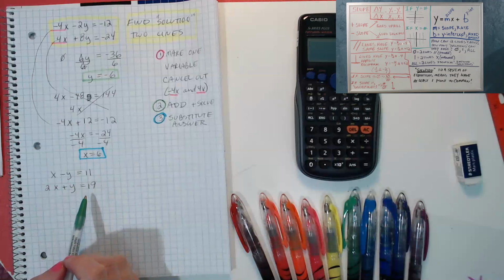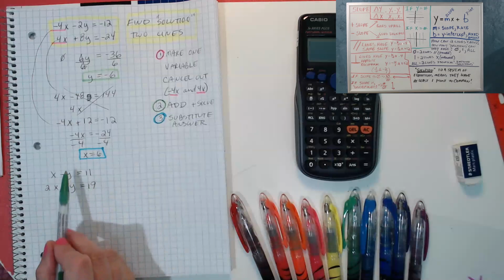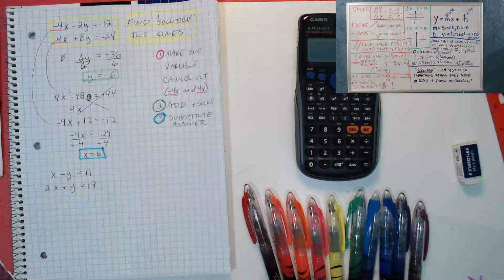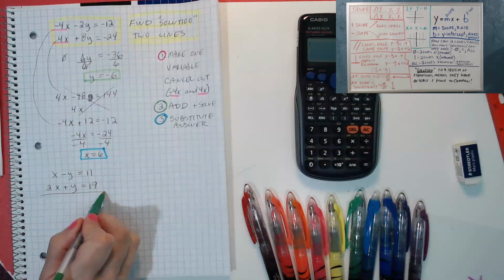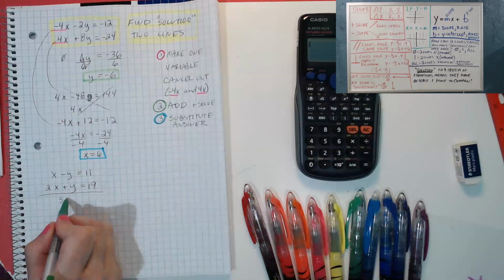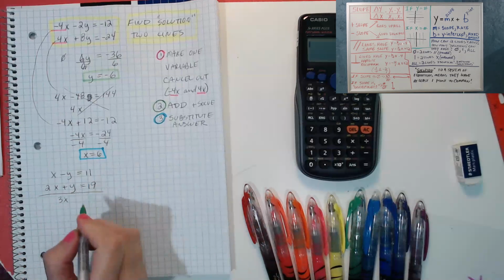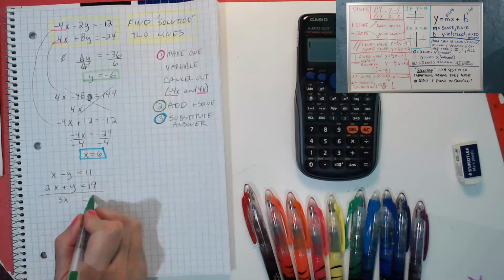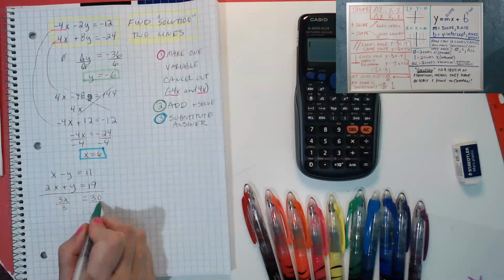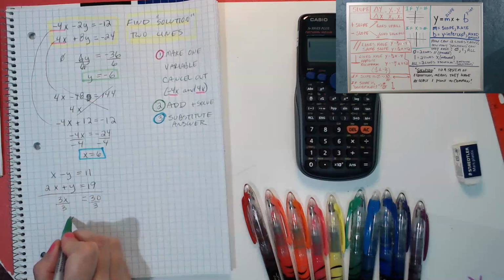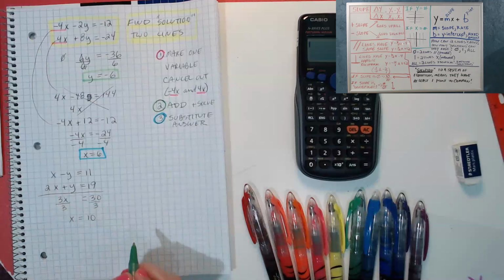Here again, the variable that will cancel out is the y, because it's already set up nice for us here. So if we just add these straight, we get 3x plus 0 equals 30. Divide both sides by 3. X equals 10.